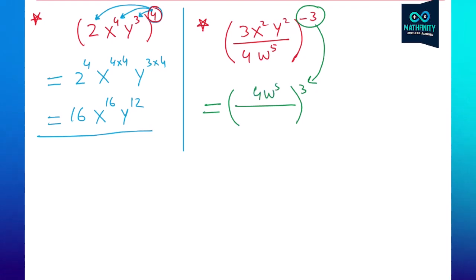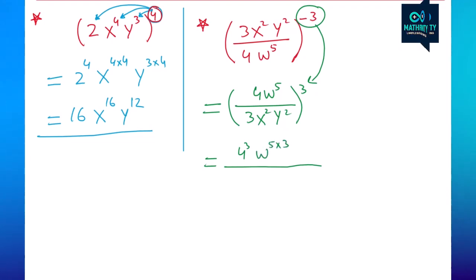So the denominator will become the numerator and the numerator will become the denominator. And then you can open the bracket: 4 power 3, w power 5 times 3, 3 power 3, x power 2 times 3, y power 2 times 3.